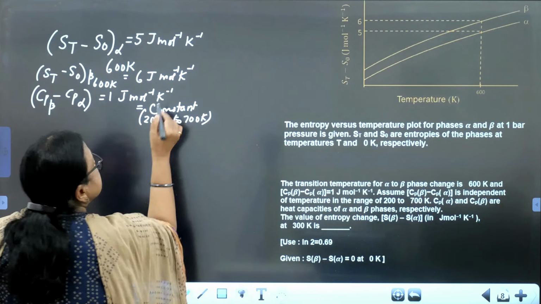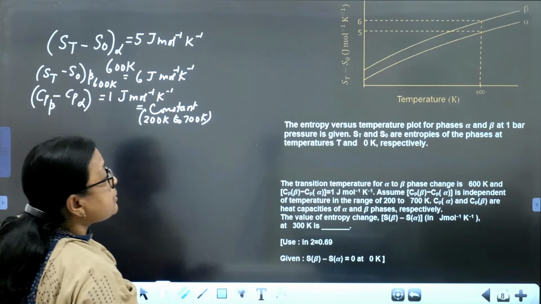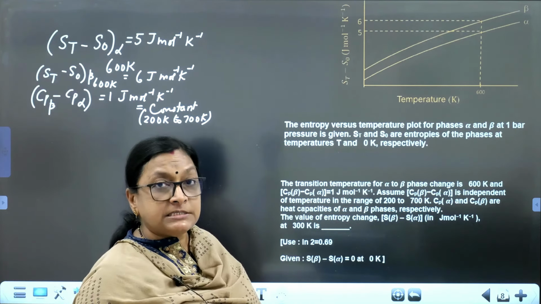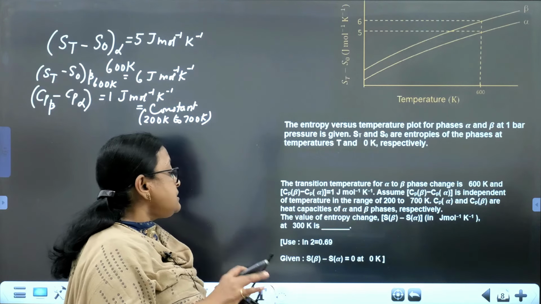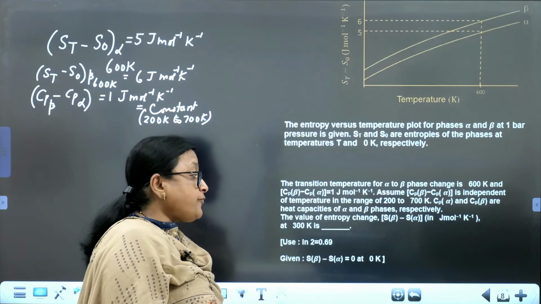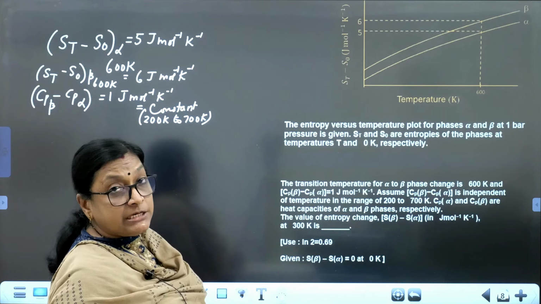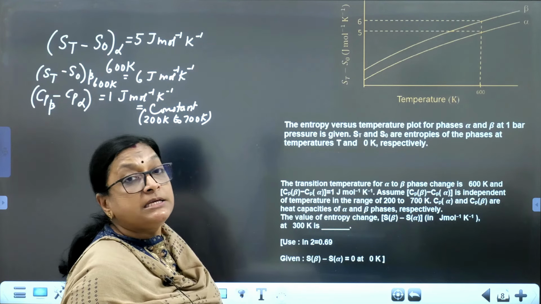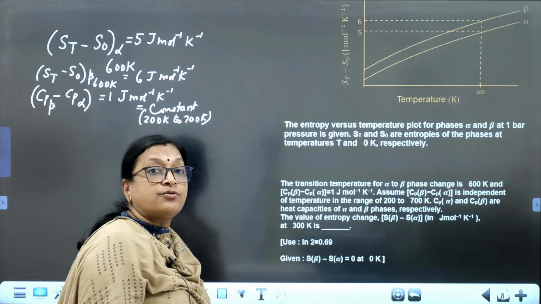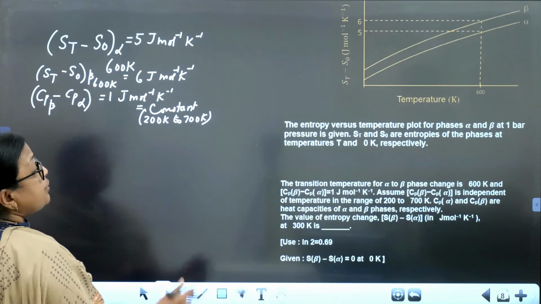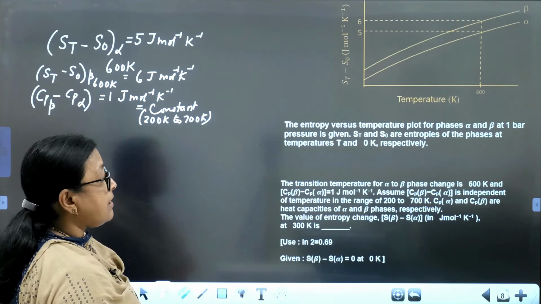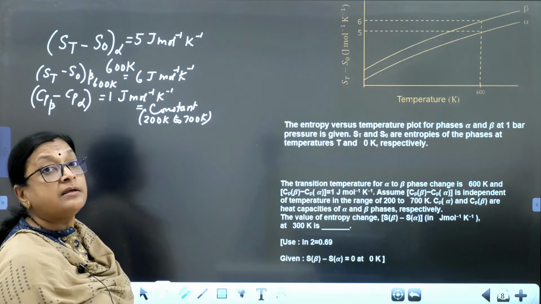So this is constant between 200 Kelvin and 700 Kelvin. You are also asked to take entropy of beta minus entropy of alpha as 0 at 0 Kelvin. Now you are asked to find out S beta minus S alpha at 300 Kelvin.